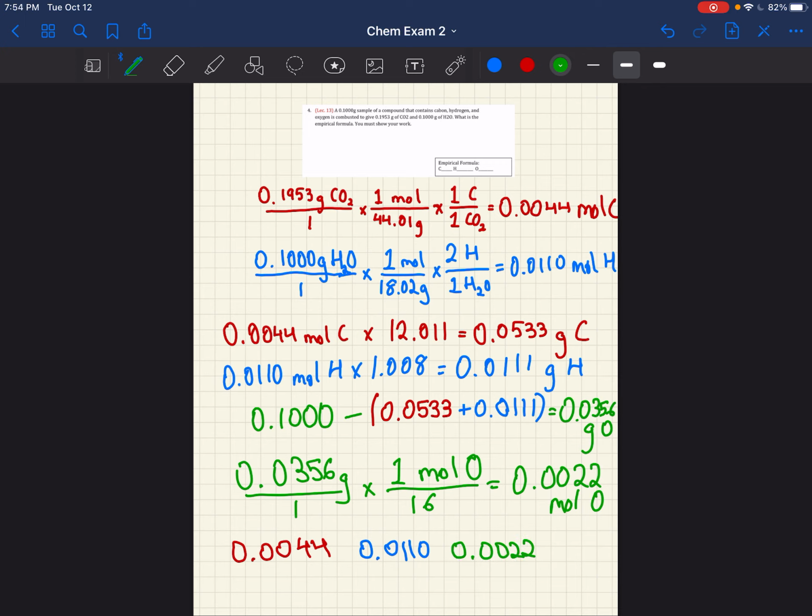These are all your moles. Now, what's the smallest? It's the moles of O. So you'll divide all of them by this. And for the carbons, you'll end up getting C2. For the hydrogens, you'll get H5. And the oxygen was just 1 to 1, so you'll get 1.